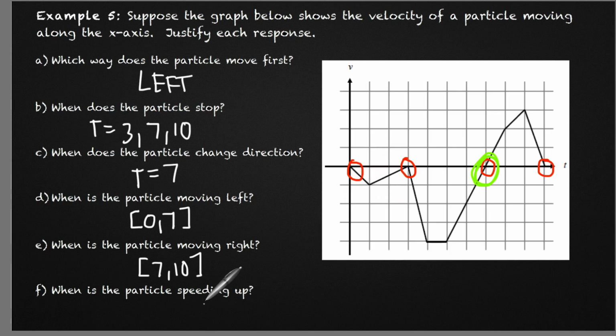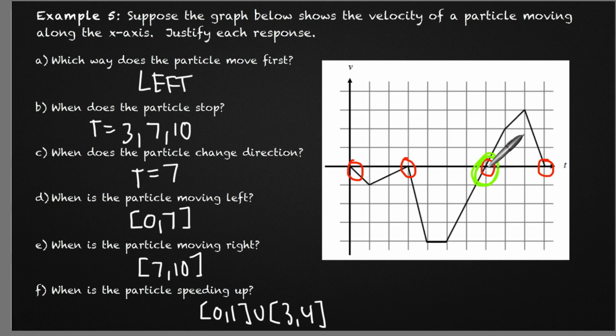So you're speeding up from 0 to 1, in union with, well, let's see. Your speedometer now is getting closer to 0, so you're braking, and then you are getting further away from 0, so you're speeding up from 3 to 4. And then you're at a constant velocity. Then you are slowing down, but you're still going backwards. You're still going left, but slowing down.